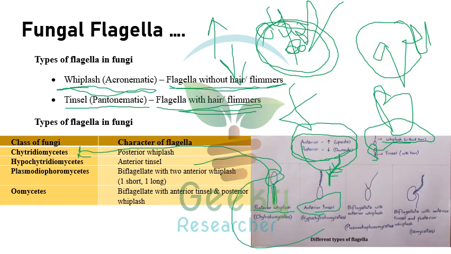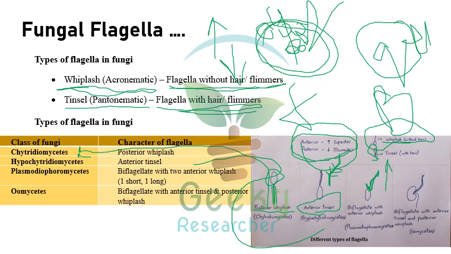The next one has two flagella, both in an upward direction. One flagella is short and one is lengthy. Here we can say anterior whiplash type biflagellate. Why are we saying biflagellate? Because two flagella are present.